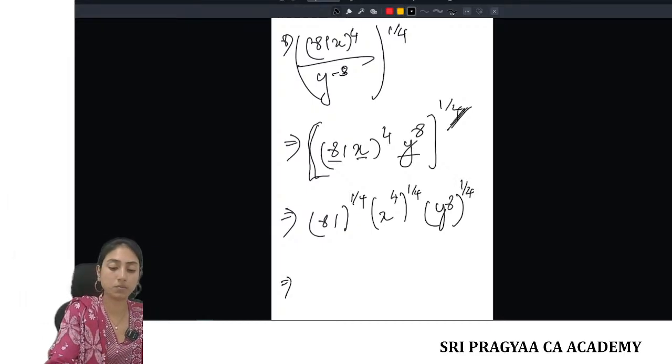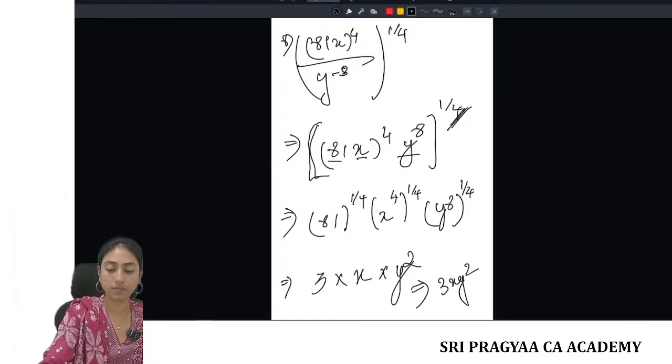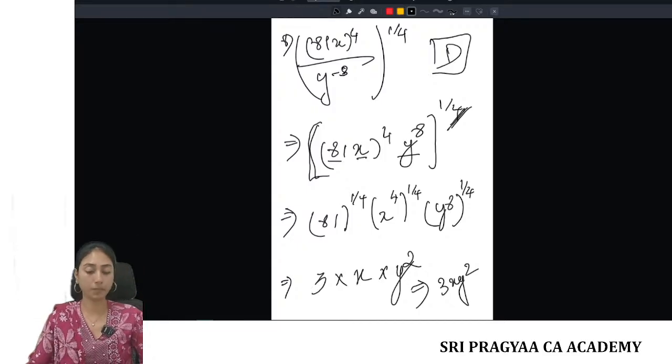So 81 by 1 by 4 will render 3 into this will render x. This will be y squared, which is nothing but option. None of these are. Okay. Because here you are getting, which is not there in the option. So it is none of these. Got it?